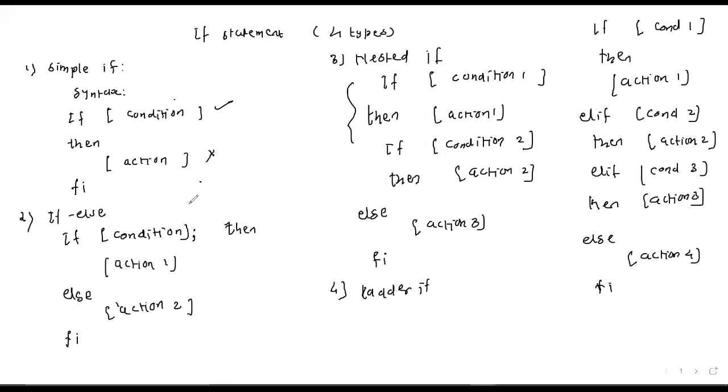Otherwise, there will be no action. In the second, if else, we always prefer if else. If condition 1 is not satisfied, then we go for the second condition. So let us move to the terminal first.